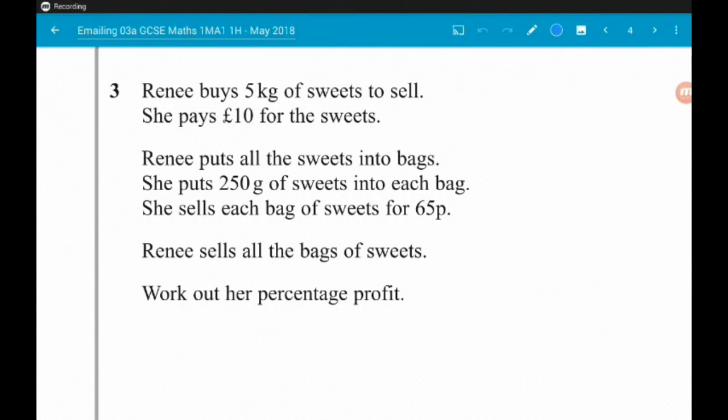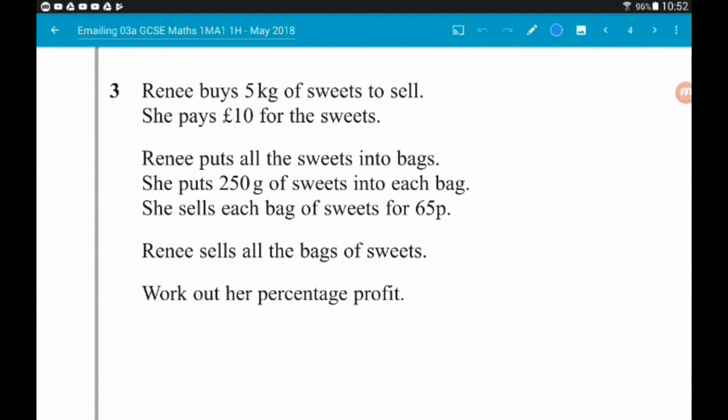Question 3. Renee buys 5 kilograms of sweets to sell. She pays £10 for the sweets. She puts all the sweets into bags, 250 grams in each bag. She sells each bag for 65p. Renee sells all the bags of sweets.